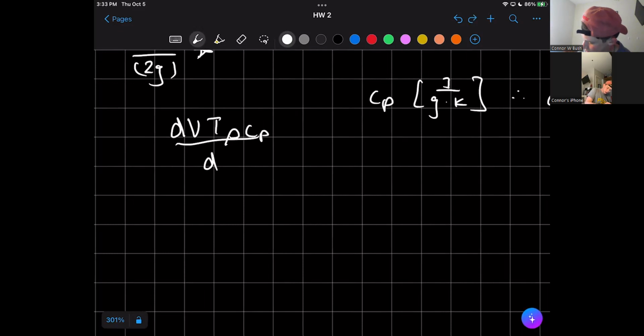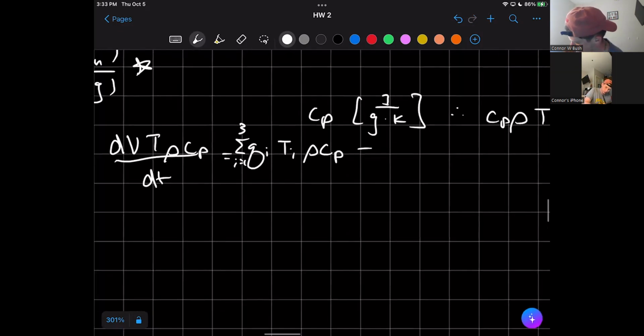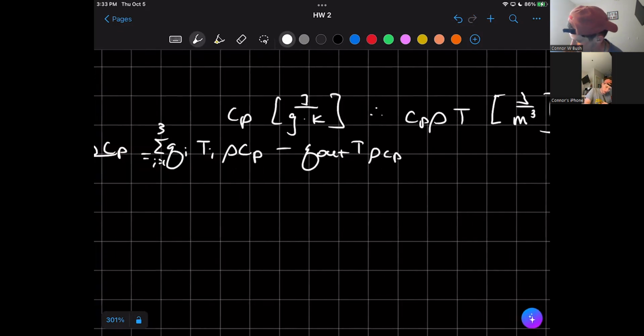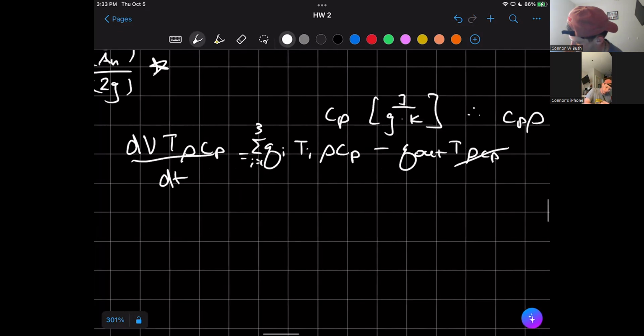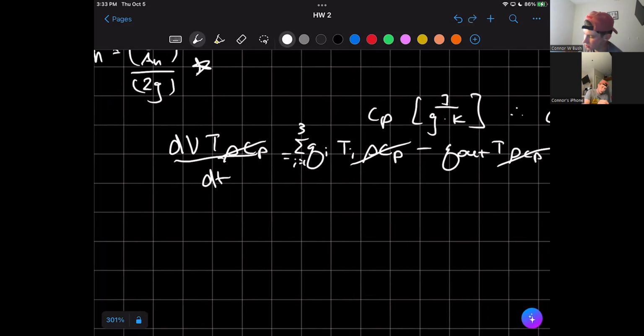So similarly to our changing concentration with respect to time, if we multiply all of our flow rates in and flow rates out by this rho Cp term, you see that they cancel, as they are also constants.